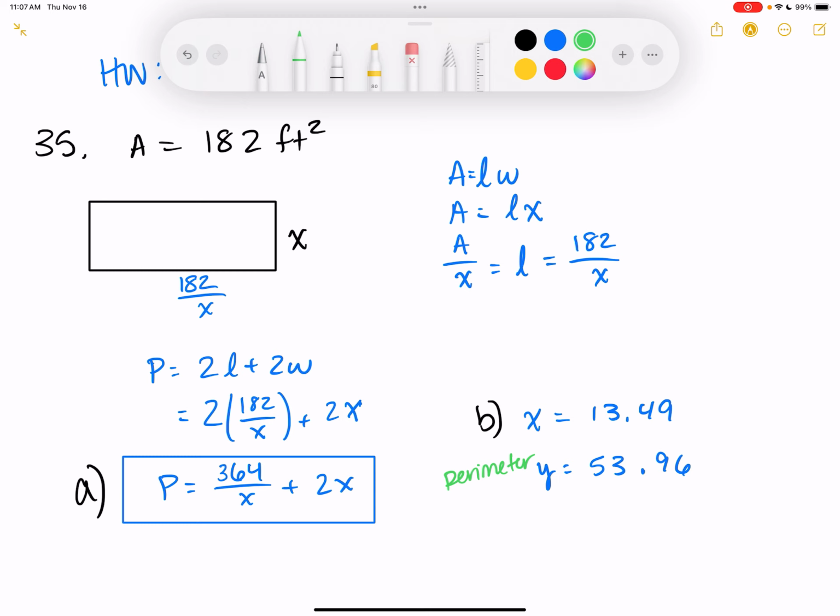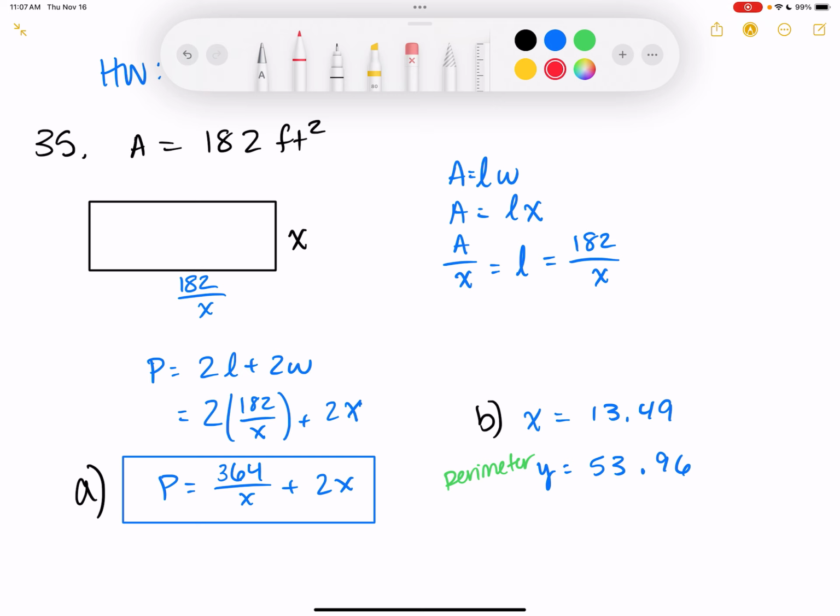So this is your side length for width, and this will produce a square, because a square is the smallest perimeter rectangle you can get.